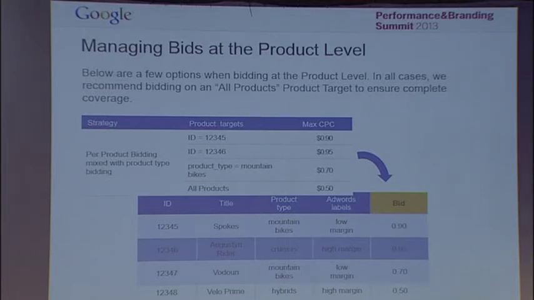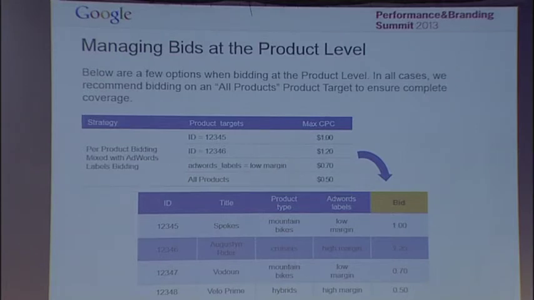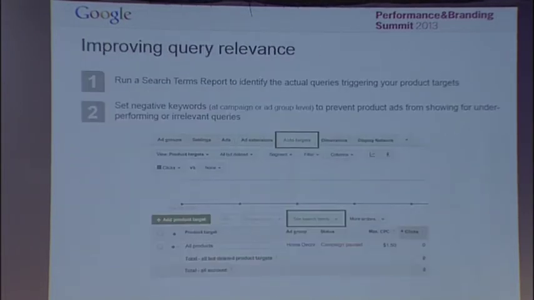The third one has a bid of 70 cents because it belongs to product type mountain bikes. And the last one cannot match any of the first three criteria. So by default, it will fall into the all products target and have the lowest bid of all. You can do the same with AdWords labels, so you can do all kinds of combinations.